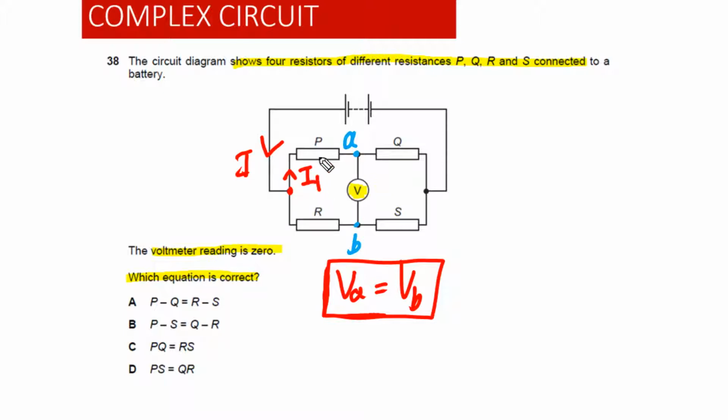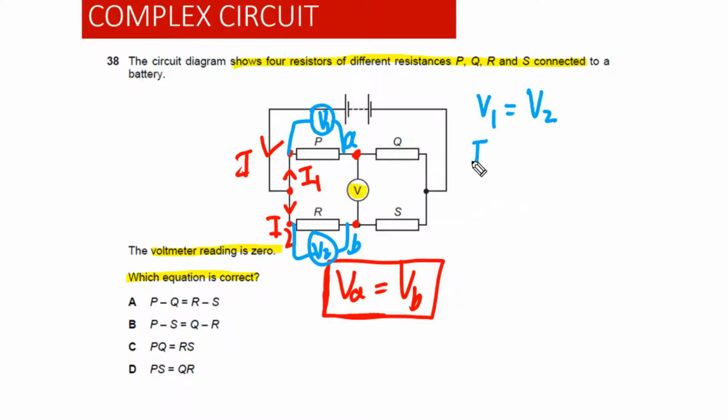Let's say I1 is passing through resistor P and I2 is passing through resistor R. As the potential at A is equal to the potential at B, we can also conclude that if we attach one voltmeter, let's say voltmeter 1, across resistor P, and we attach another voltmeter across resistor R, the reading on voltmeter V1 has to be equal to V2.